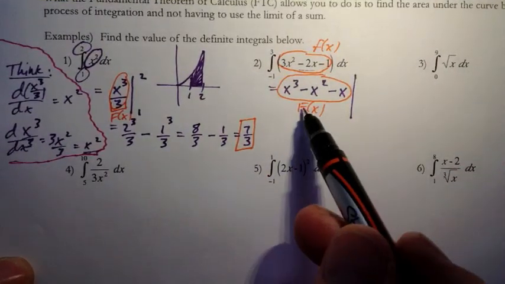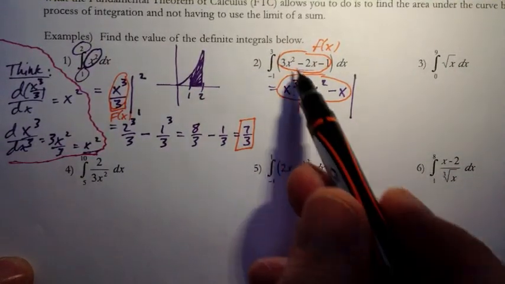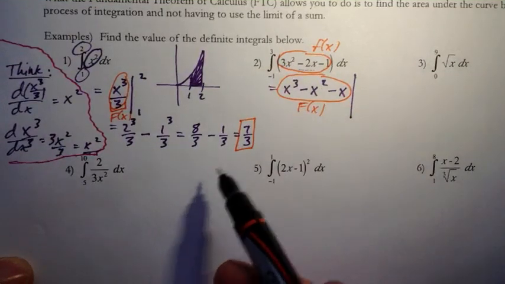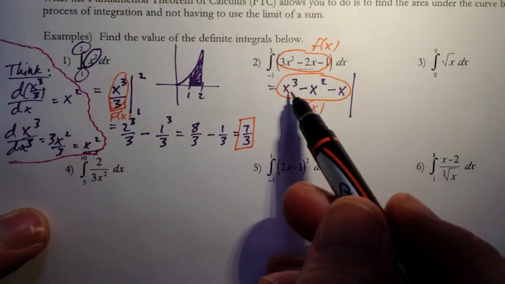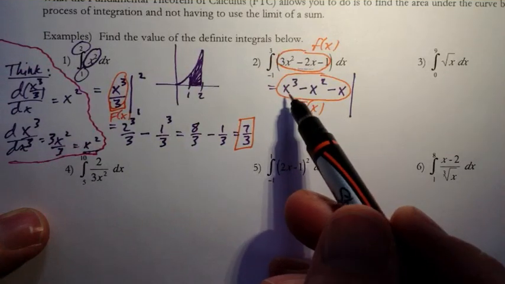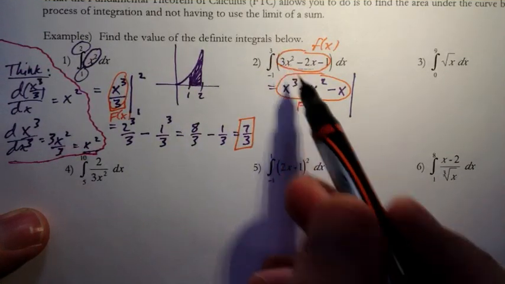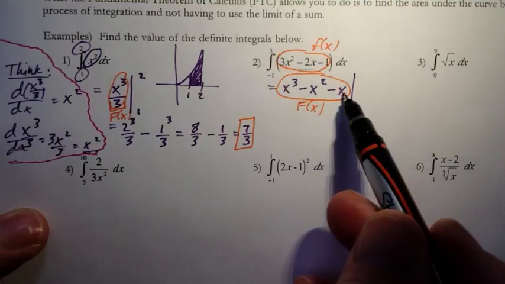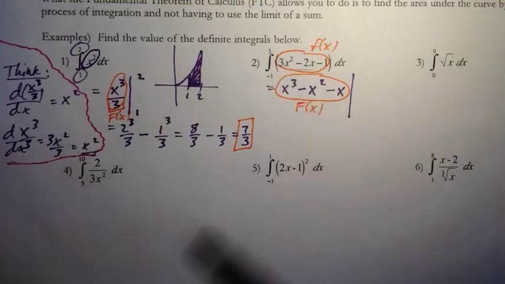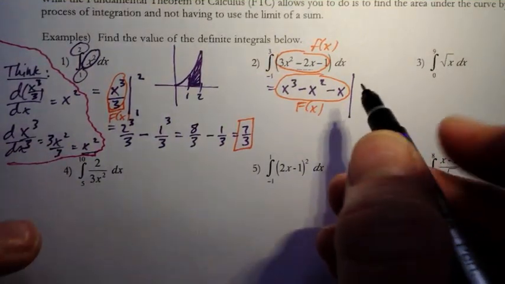So the derivative of capital F is lowercase f. Pause the video and check it out if you're still in doubt. Derivative of x cubed is 3x squared, the derivative of negative x squared is negative 2x, and the derivative of negative x is negative 1. Maybe you're starting to see a pattern, but we're going to keep going.